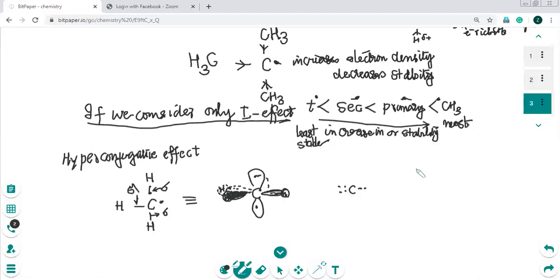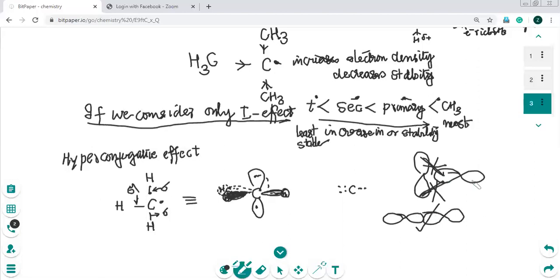See here, if you have one orbital like this and an orbital like this, they can never interact. This interaction is never possible. Is that clear to you? If two orbitals have to interact, they should be either this way, see this, they can interact.